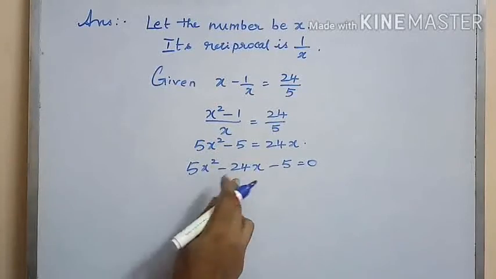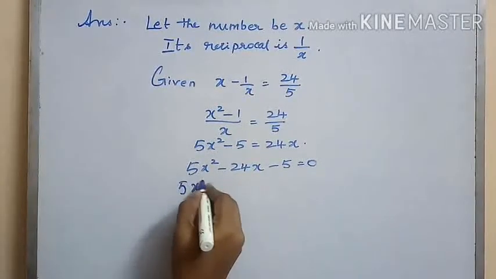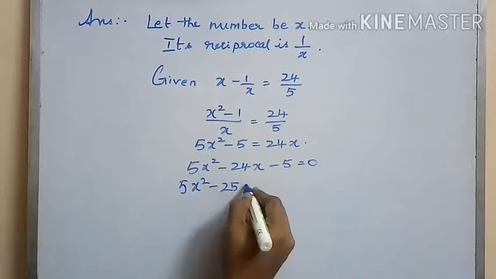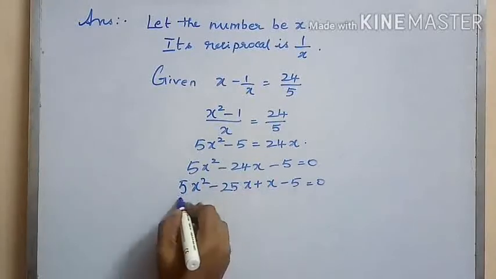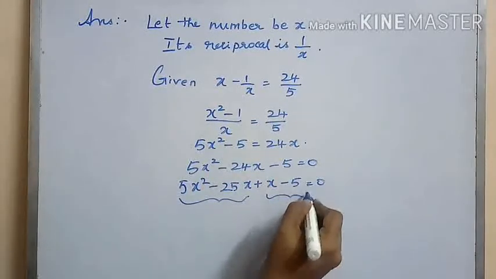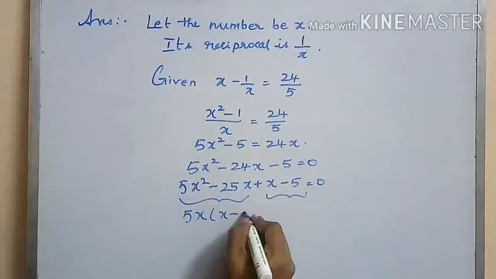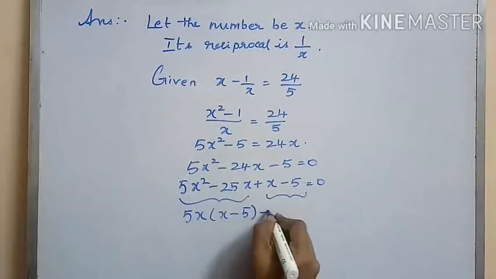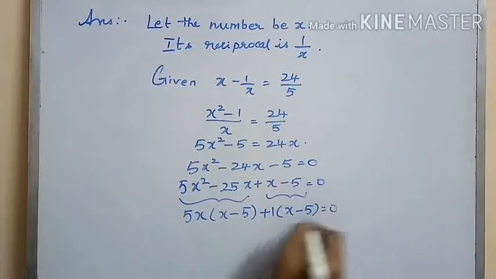We get 5x squared minus 24x minus 5 is equal to 0 as the quadratic equation. The middle term can be split into minus 25x plus x. And solving by grouping method, we get 5x into x minus 5 plus 1 into x minus 5.